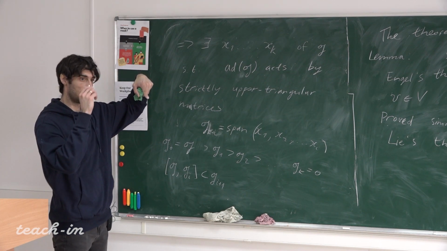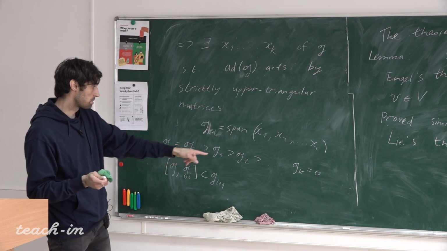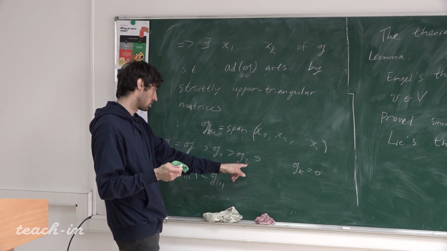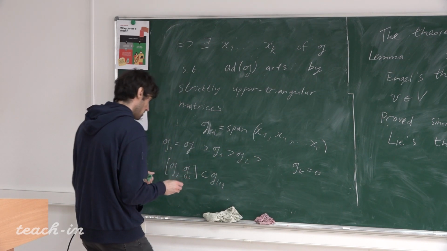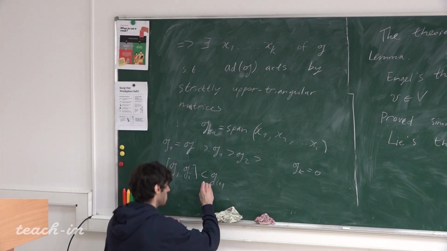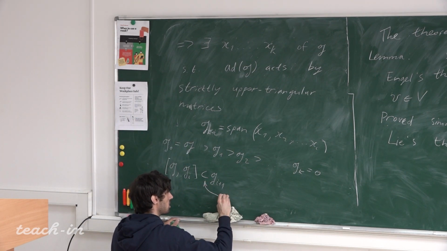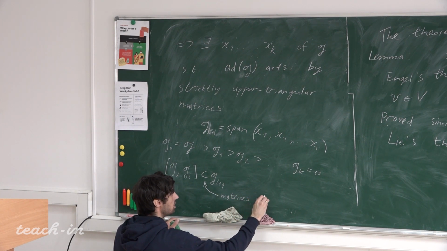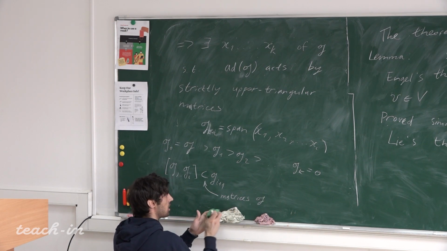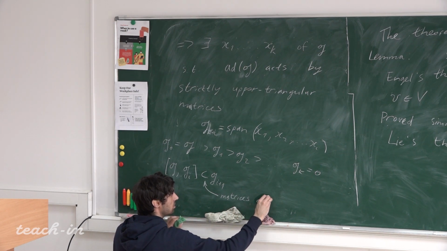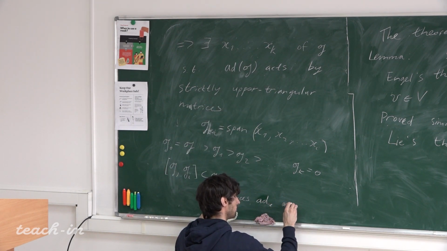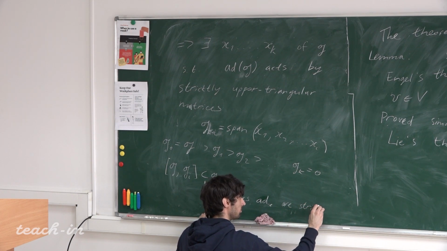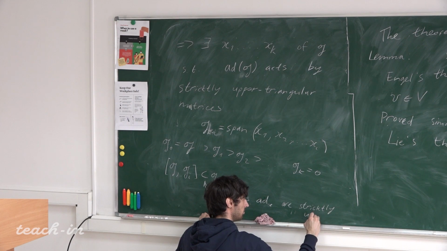Therefore, I end up in a subspace with index which is strictly bigger, in the smaller subspace. This is because the matrices ad x are strictly upper triangular.